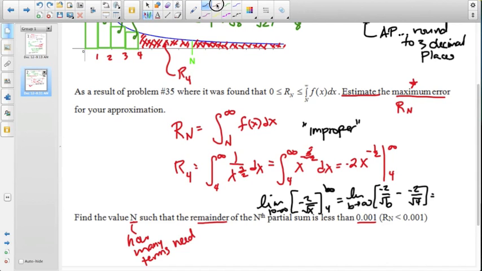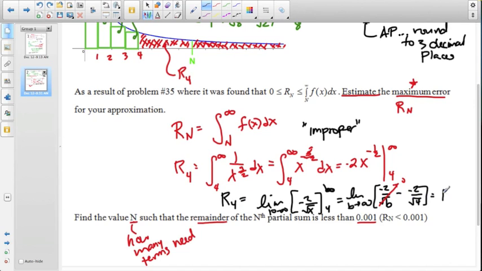And so as we look at that, we know that we can put infinity here. We get 0. Minus a negative is a positive, and so we end up getting a positive 1. So the remainder then for the fourth partial sum is 1 at most.